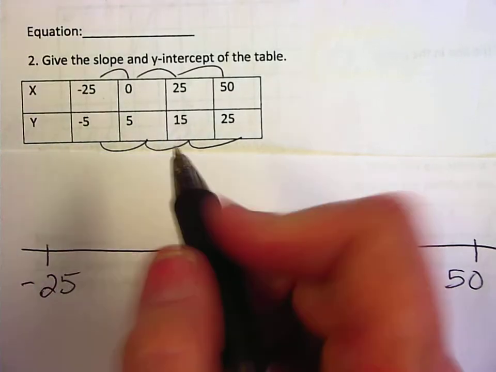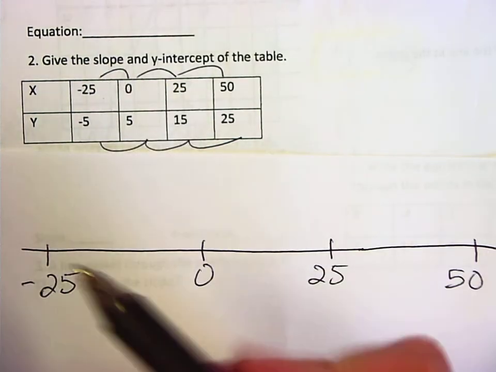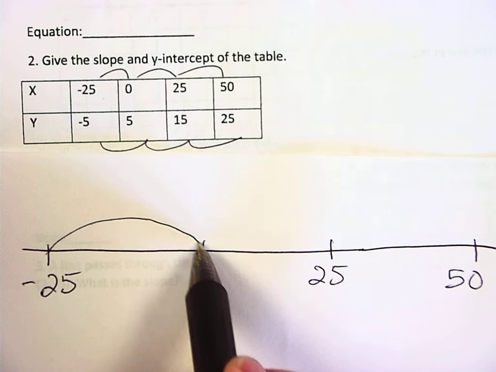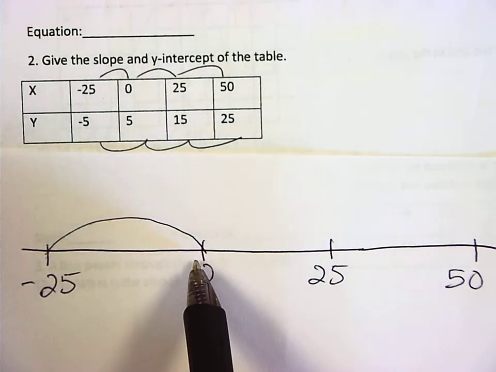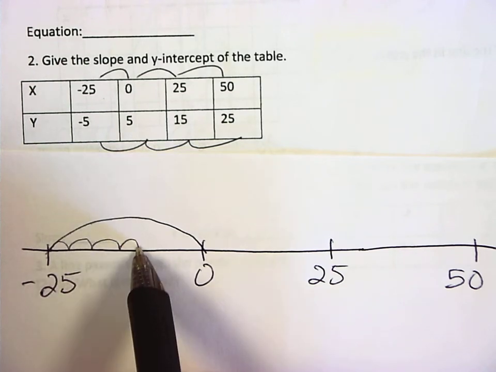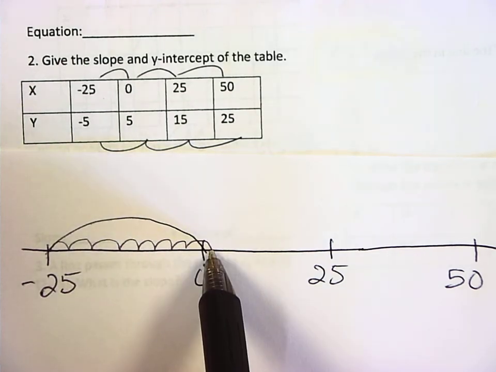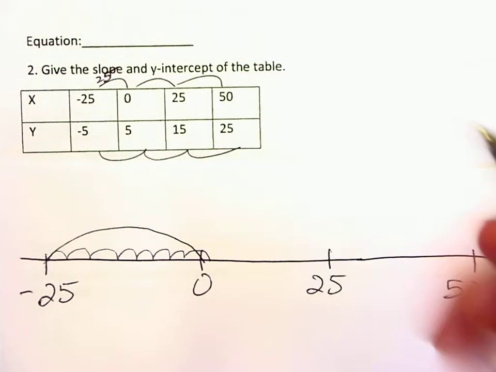Okay, so the change here, I'm going to go from -25 to 0. So I'm going to go from here to here. Well, how much of a change is that? To get from -25 to 0, I would have to take 25 steps, and I'm going to the right, so the change is 25.